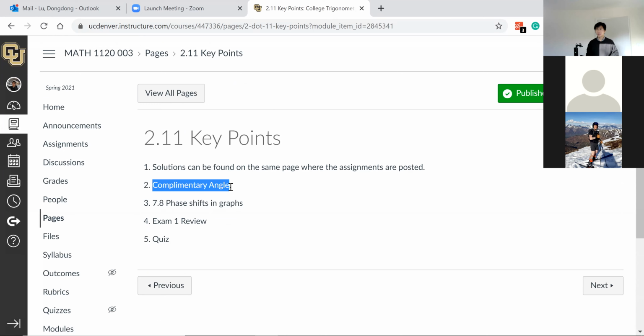However, I don't think we have enough time to cover it today. It has appeared on the exam one review, and I think it will also appear on exam one next Tuesday. But we don't have enough time to cover it.